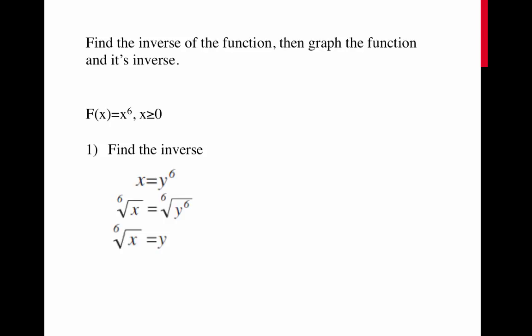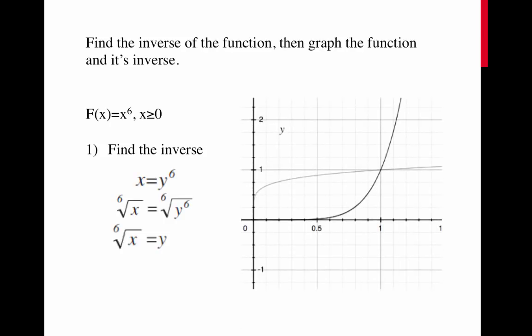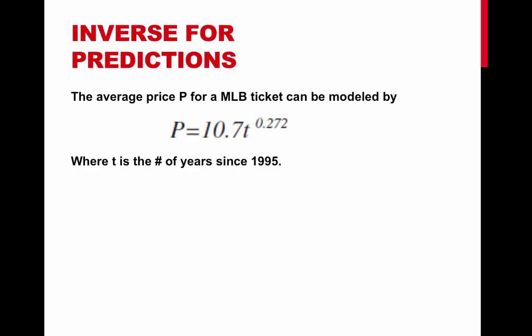But I went ahead and graphed this one on the computer, and what you should notice is this dark line is our original, and then the inverse is that light gray color. It may be hard to see, but it's reflected across the line y equals x, so there's our new function.